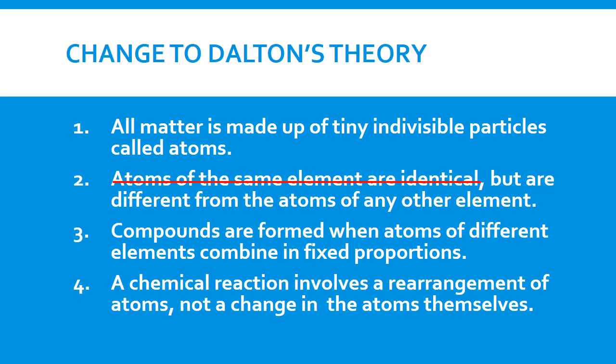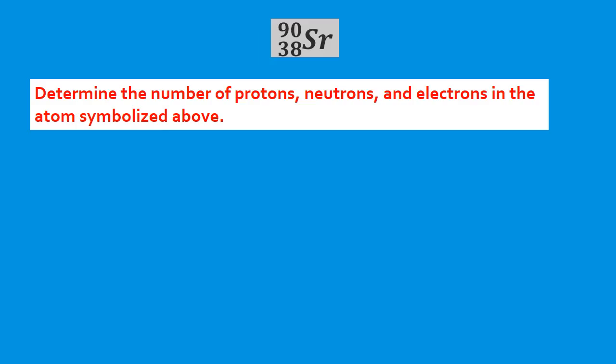Atoms of the same element are not all identical. As we've seen, they can have different numbers of neutrons, which results in a different mass number with the same number of protons.